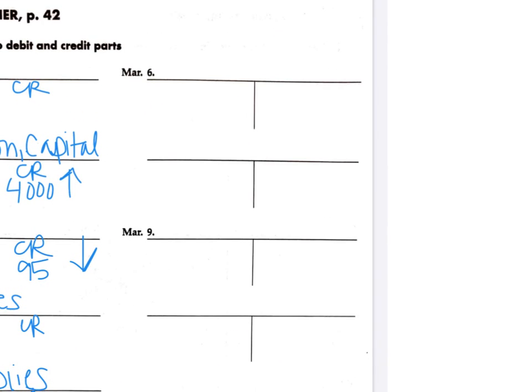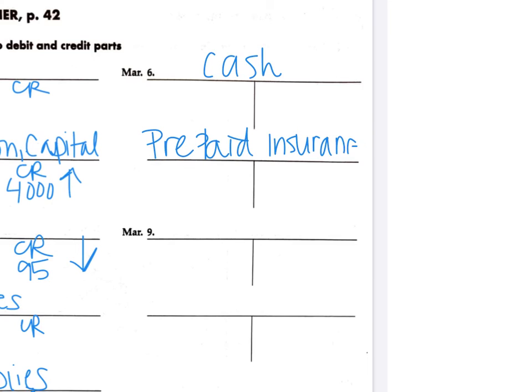On March 6th, we paid cash for insurance. So I'd have cash and prepaid insurance. So since the company paid cash for insurance, I know that cash is going to decrease by $250, but I'm gaining an asset in insurance.